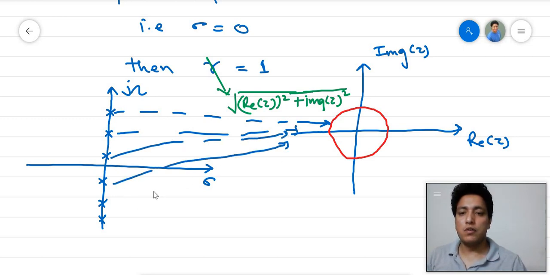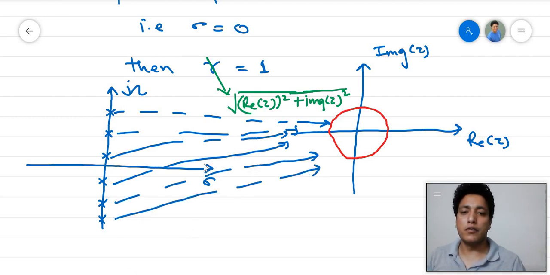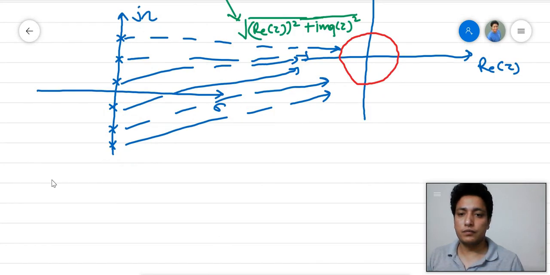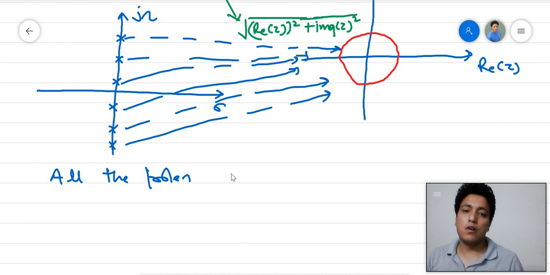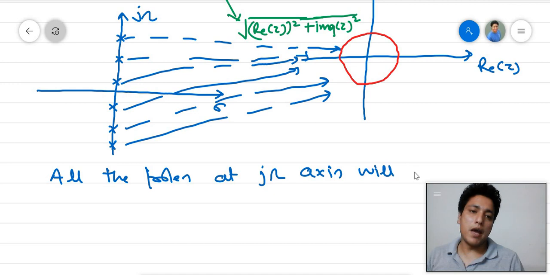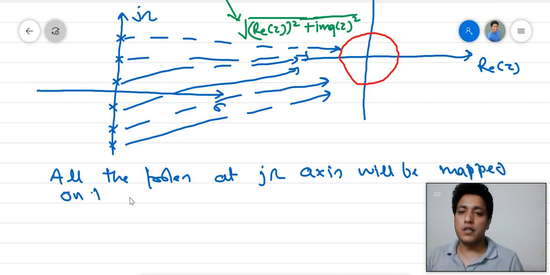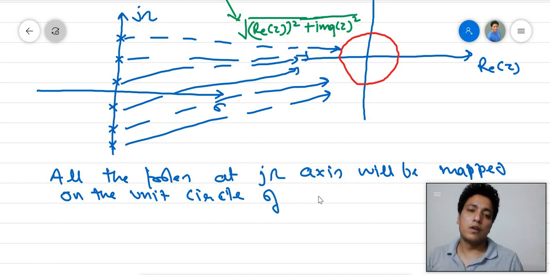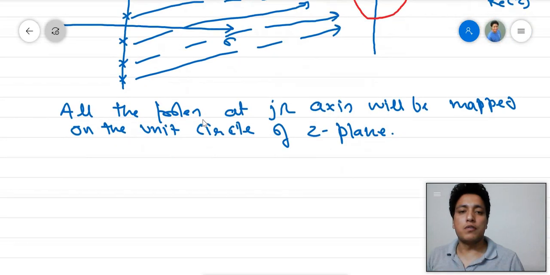All the poles at j omega axis will be mapped on the unit circle of z plane. So this is our first observation.